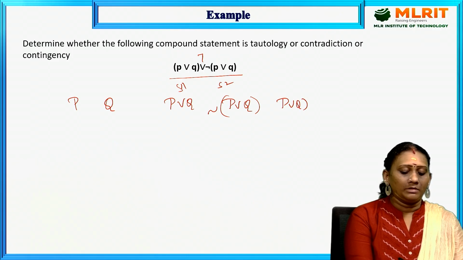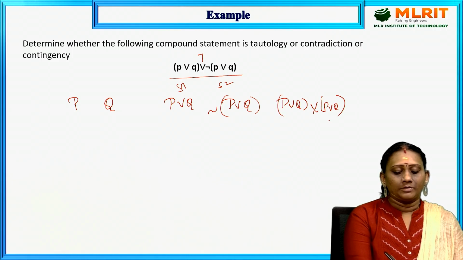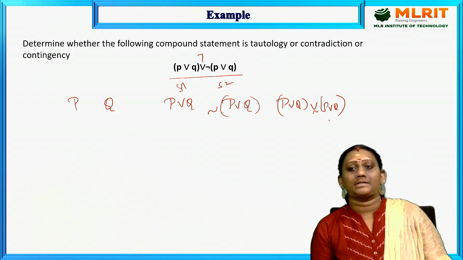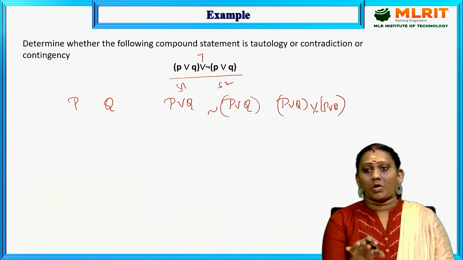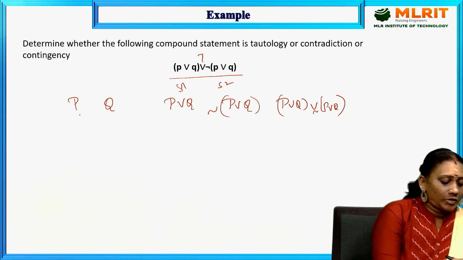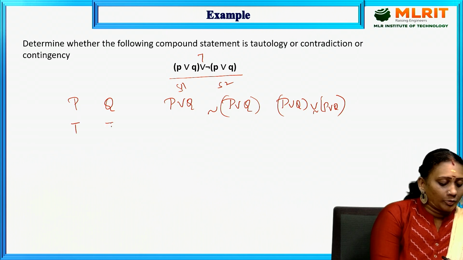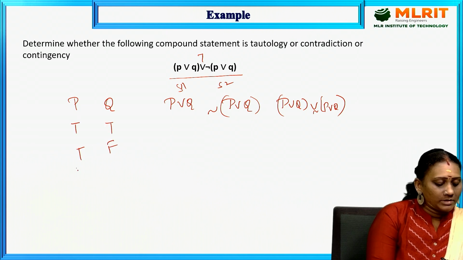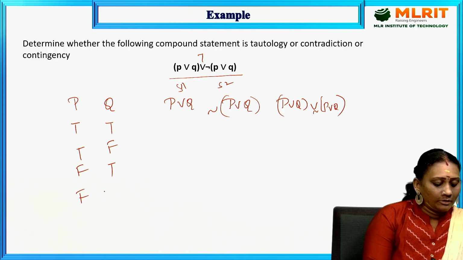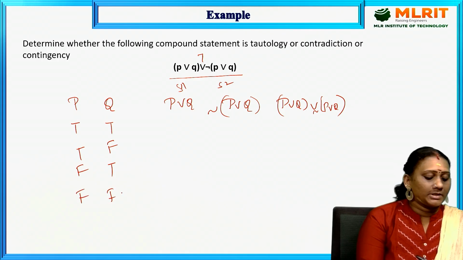P or Q, or negation of P or Q. I am going to check whether it is a contingency, contradiction or tautology. So let me take the combinations now: true, true, true, false, false, true, false, false. So these are the combinations.